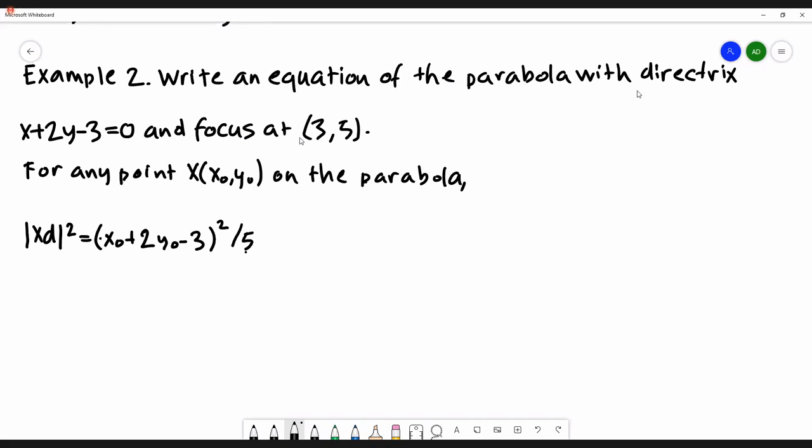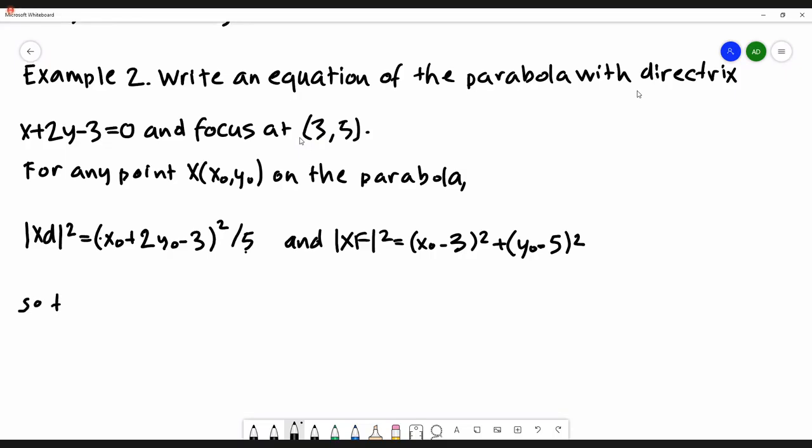And the distance squared to the focus is (x0 minus 3) squared plus (y0 minus 5) squared.